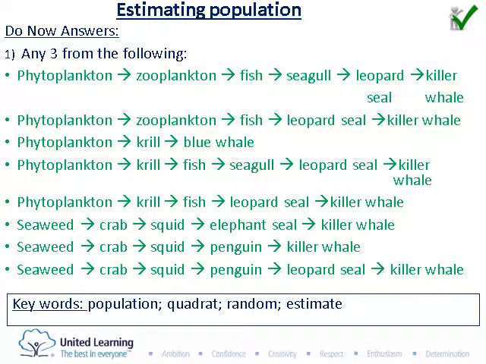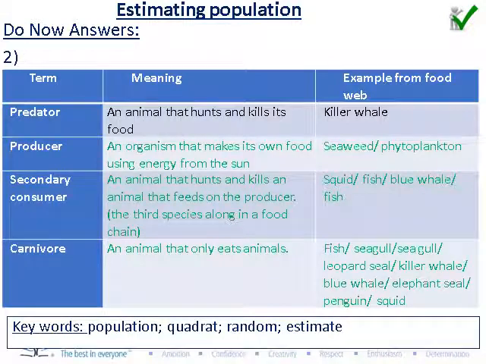The first question was asking you to pick out 3 individual food chains from the food web, and you could add any of the ones which are on the board now. Then it asked you to provide definitions for each one.